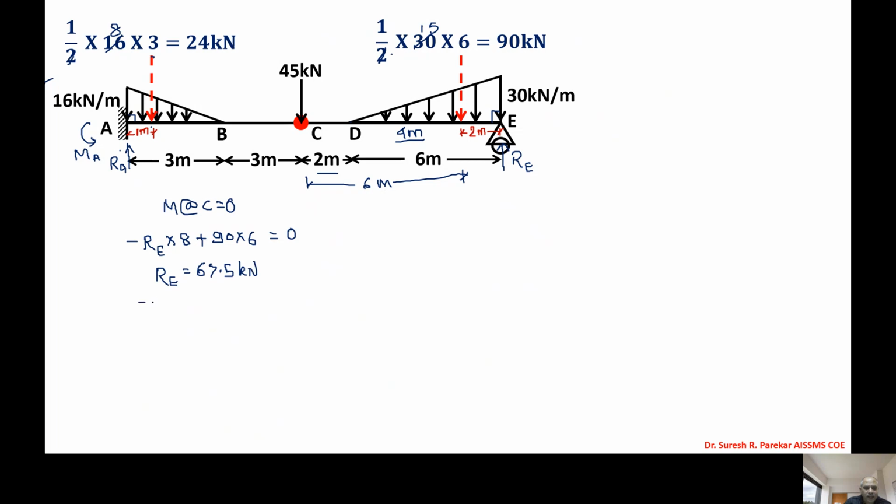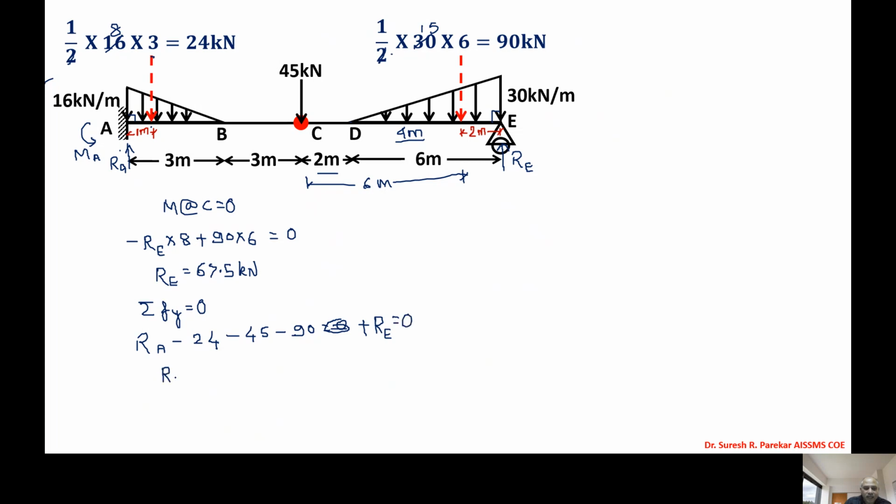Then we will have another equation, summation Fy equal to 0. Then we have RA, then we have minus 24, then minus 45, and then minus 90, plus RE, and that is equal to 0.